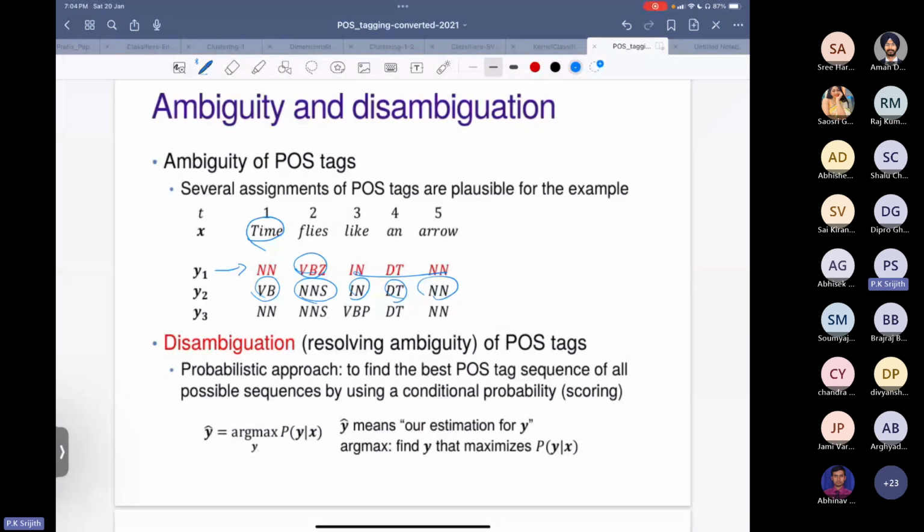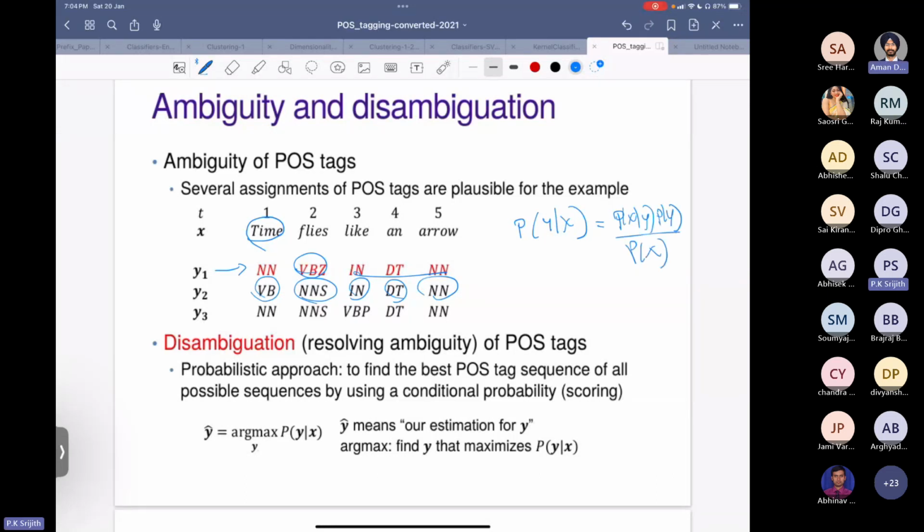Naive Bayes is a specific case of a Bayesian classifier. In general, for any classification, what you are trying to do is model P of y given x, right? In a Bayesian classifier, you may model this as P of x given y into P of y divided by P of x.